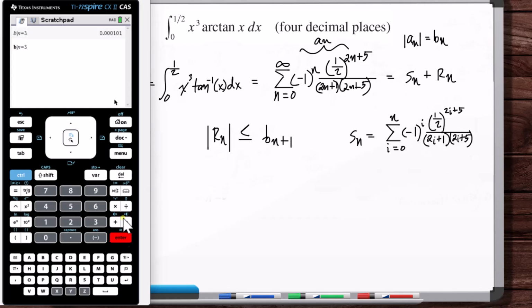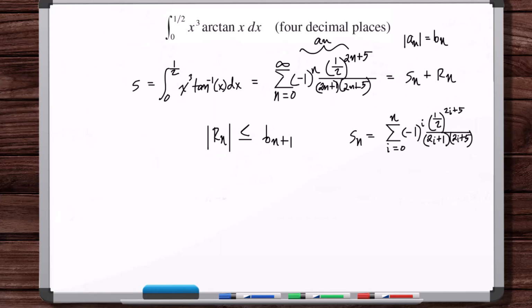Let's do 5. So that's 4 decimal places, but let's make sure that maybe 4 would have been enough. Okay, yeah, so we can do n equal to 4. Well, no, this is B sub n plus 1. So that means if we do n equal to 3, S sub 3, then we'll be accurate to within this much, which is better than 4 decimal places. So we want to do S sub 3.